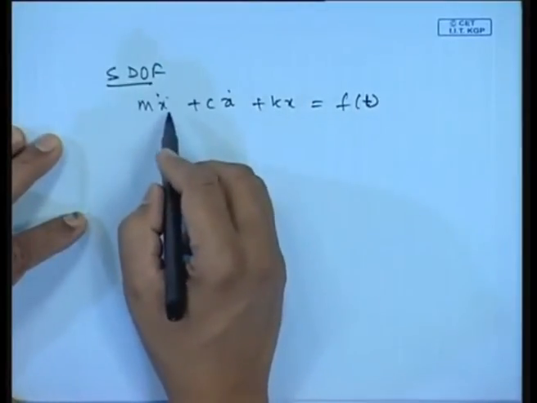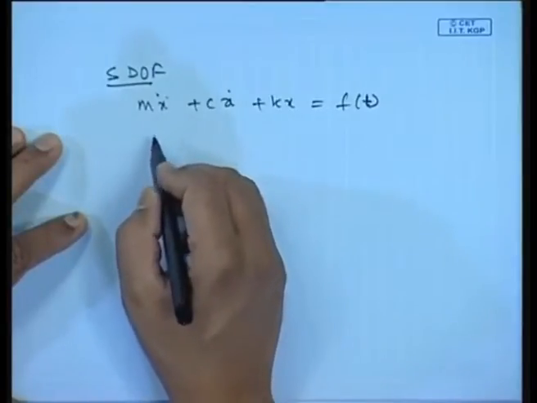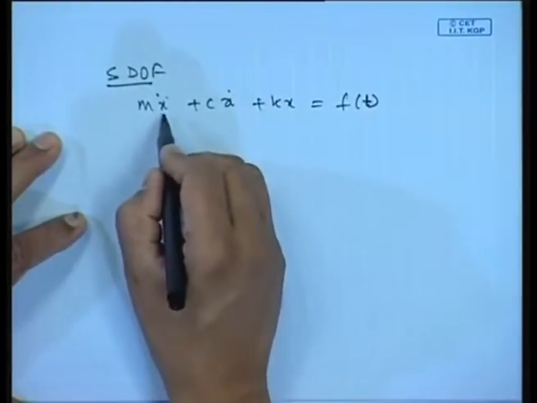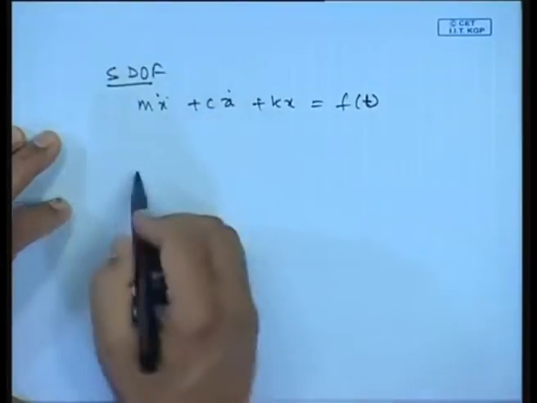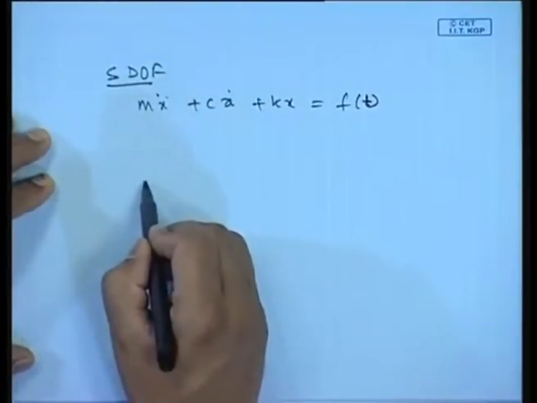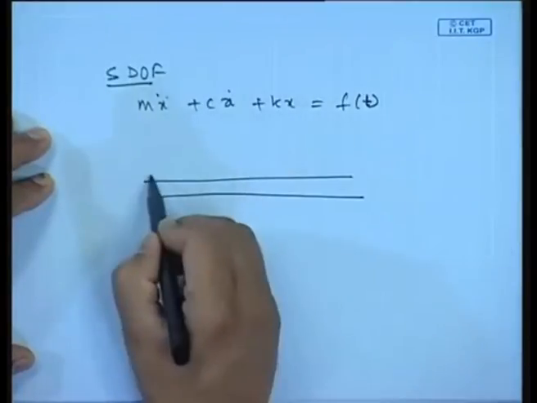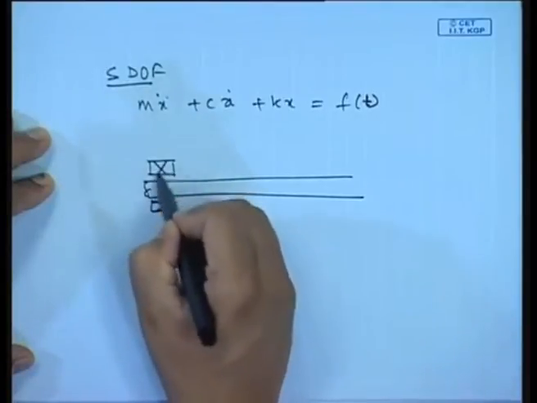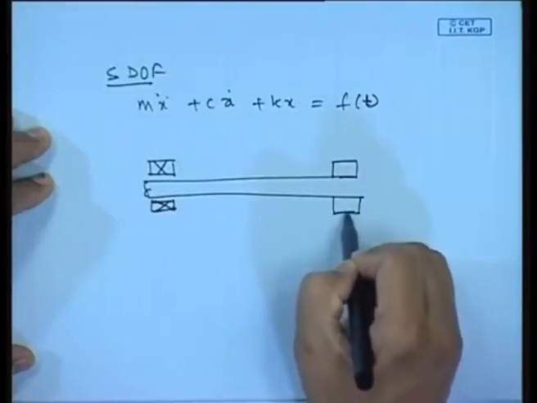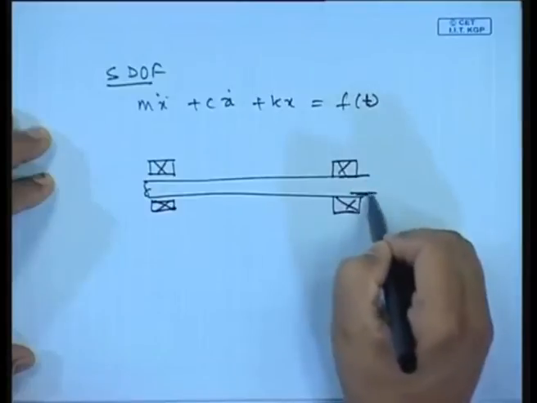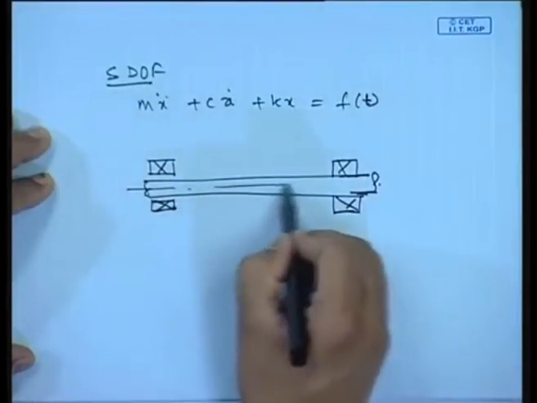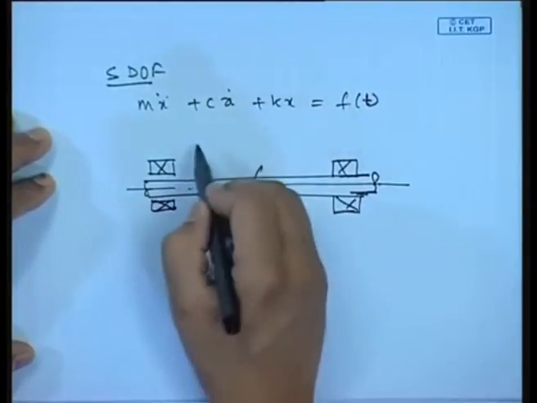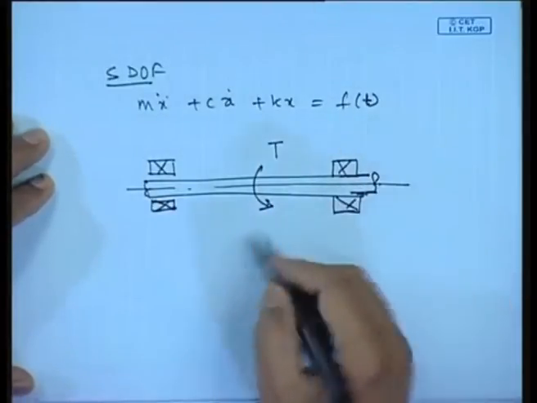Here I have described x as the linear motion, where the body is only having translational motion, but mostly in machines you will see that we have shafts which are supported on bearings, and these shafts undergo certain rotations because of an applied torque or a defective torque.